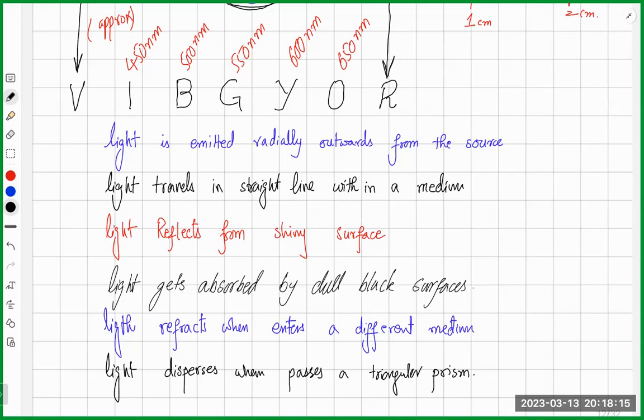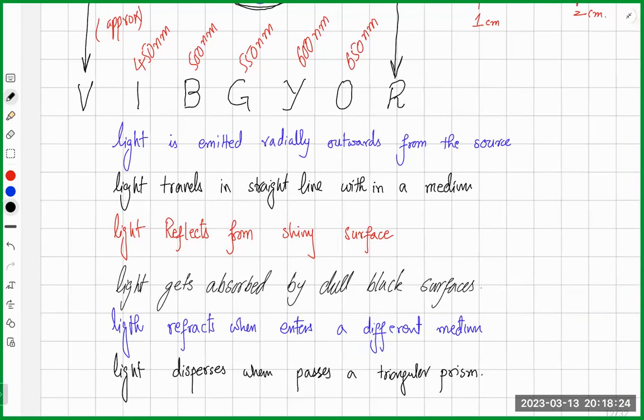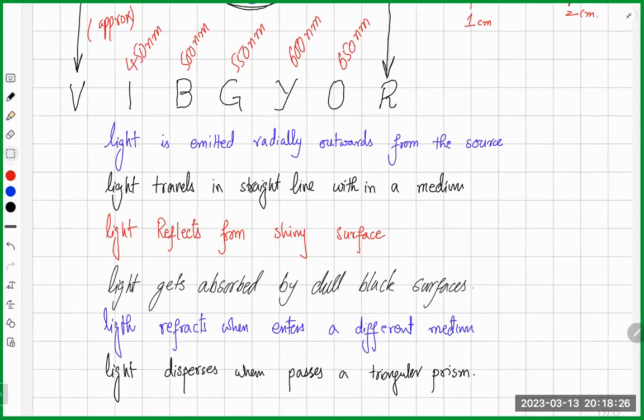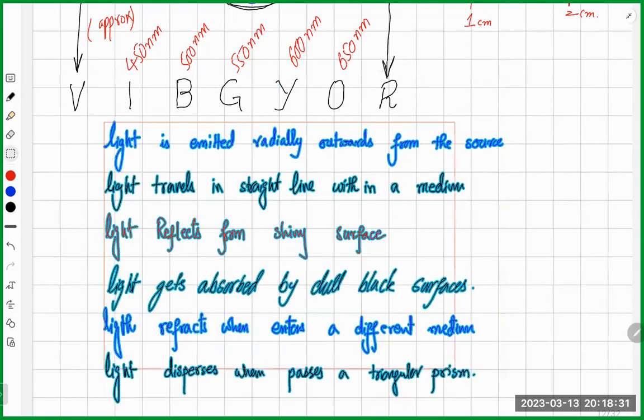And because light is particle in nature as well, along with waves, if somebody asks you what the light particle is, you can say it is photon. Photon means the particle of light.